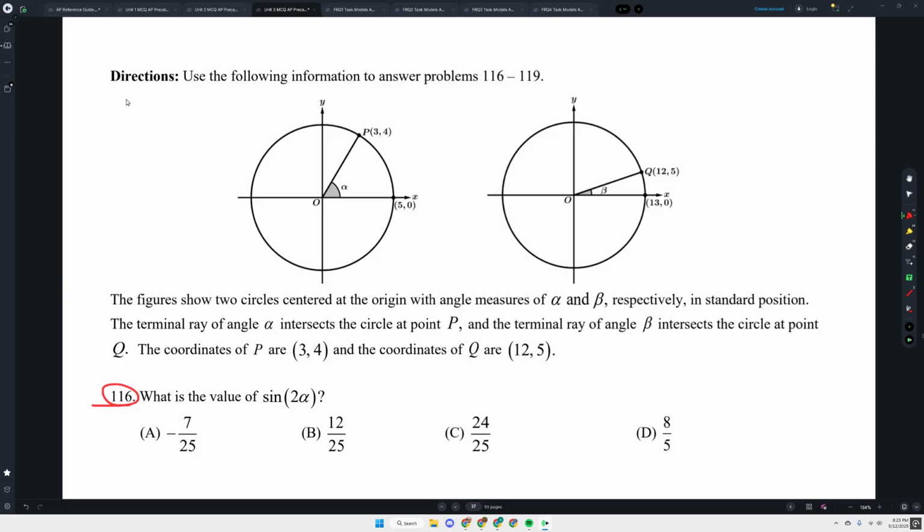That is how you find the double angle identities. Try number 116, and try not to copy off each other. Try your best for the first answer, and don't change your answer after, because you're not learning if you do that.